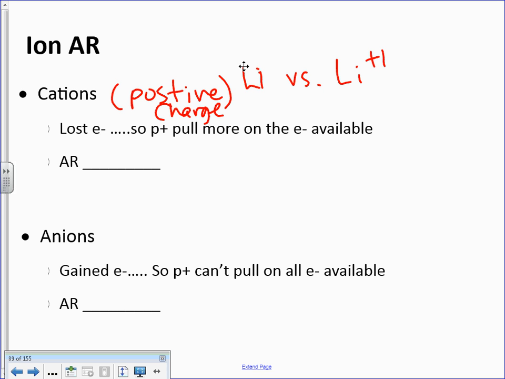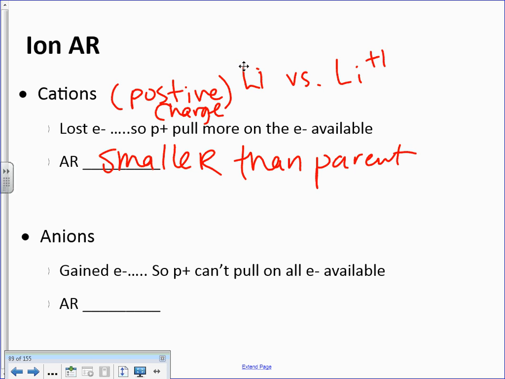What I'll tell you is that cations are actually smaller than their parents. Atomic radius is smaller than the parent, meaning the atom that it came from. So for example, lithium is going to be big, and lithium ion is going to be smaller.